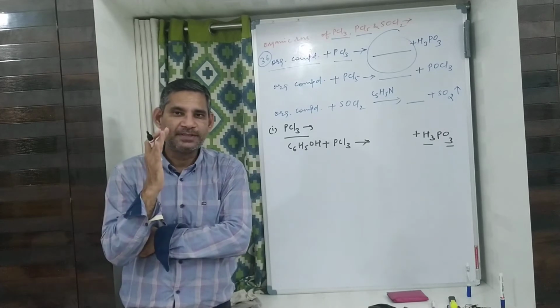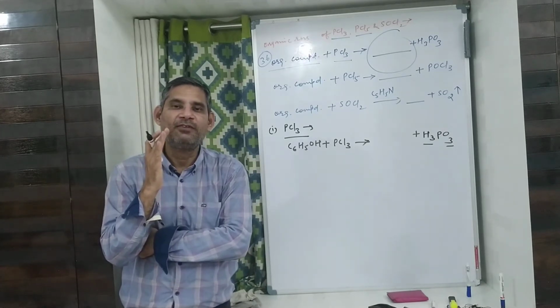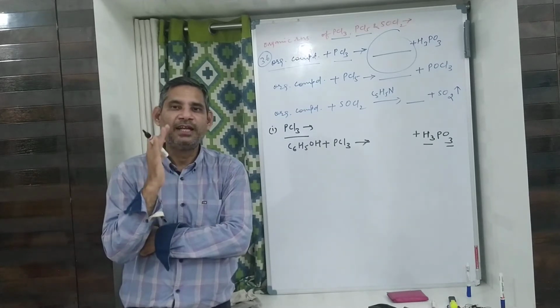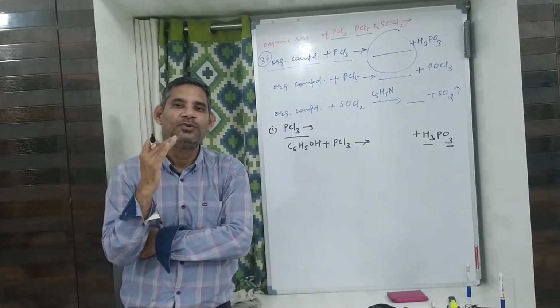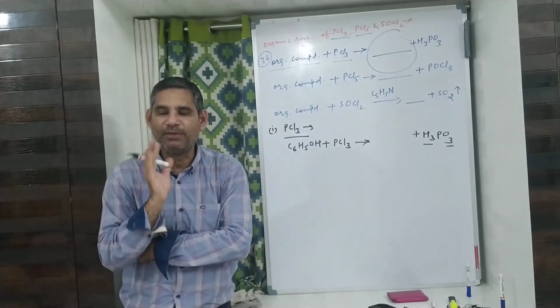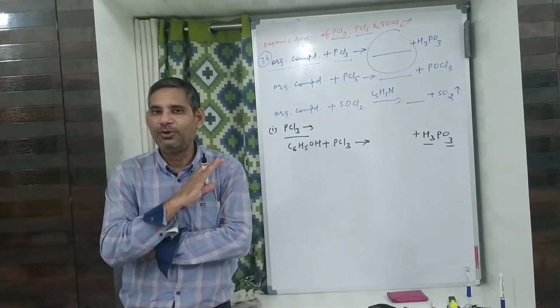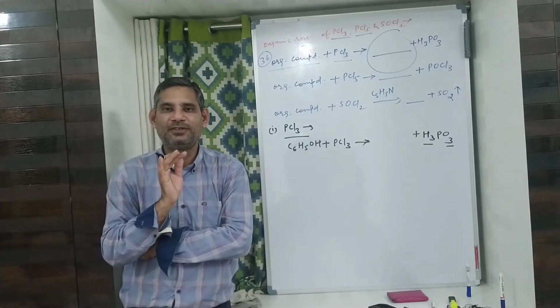So all those compounds in which, in their functional group, H or O or both of them are not there, all such compounds will never react with PCl3 to form H3PO3. So you need not bother about such reactions.